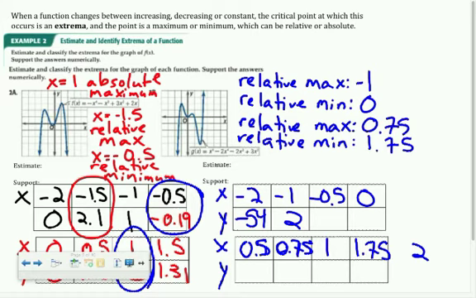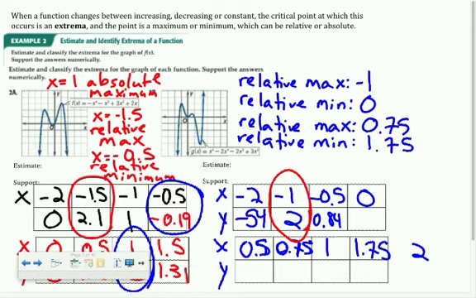And that gives me approximately 0.84. And again, keep in mind where our estimates were. I estimated that -1 is my first relative extrema, and it is a maximum. Notice that the value of 2 is larger than either of the values surrounding it.